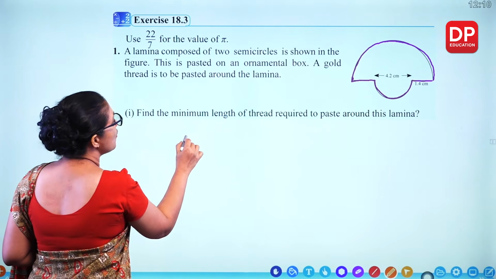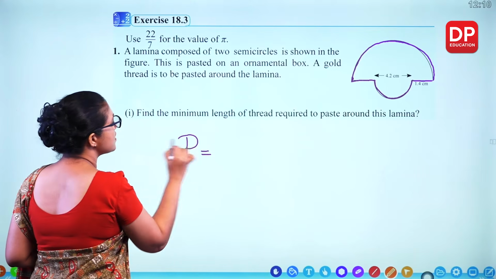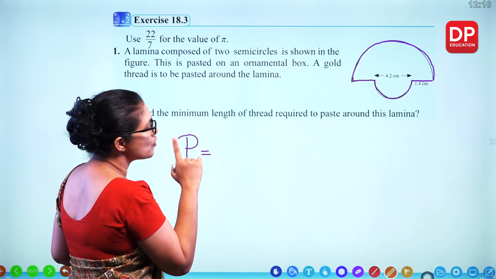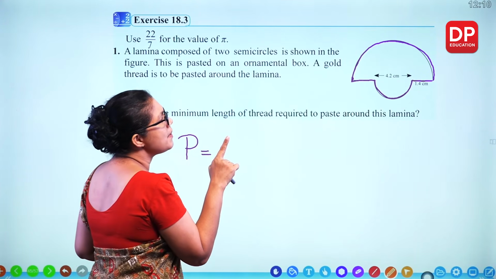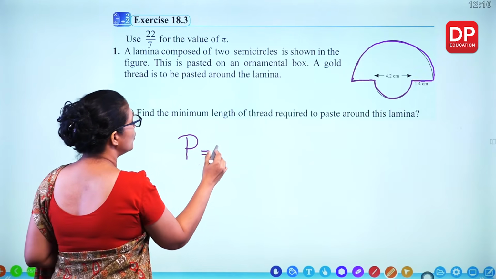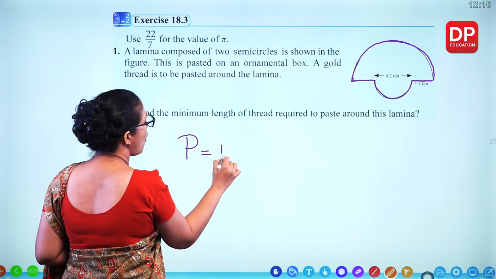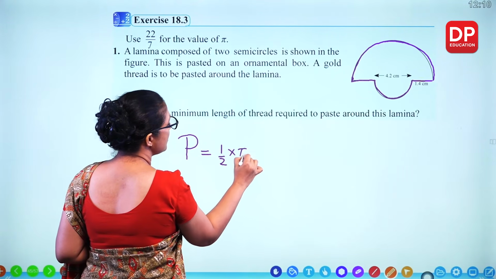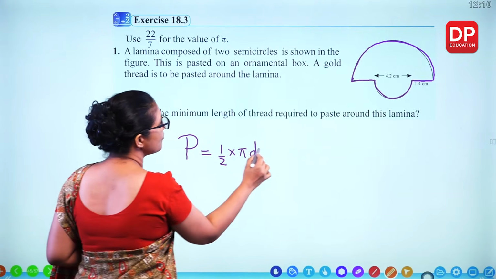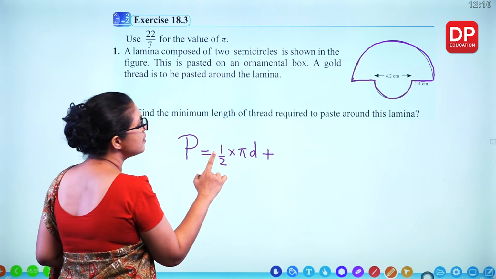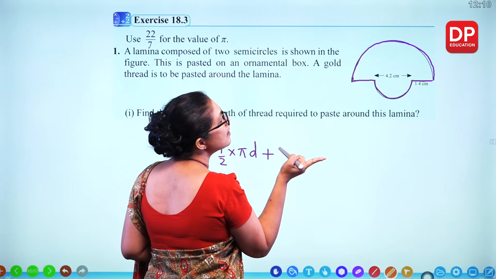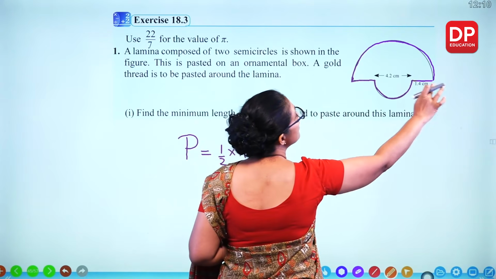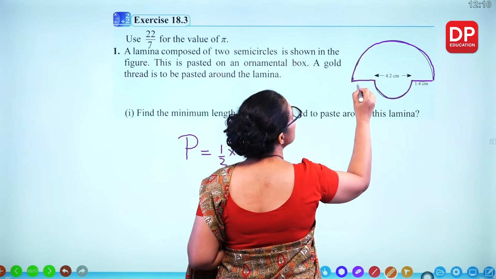So we'll find out the perimeter at once. Smaller one, diameter is 4.2. So, half of pi d we can use. Bigger one, the total length is what?